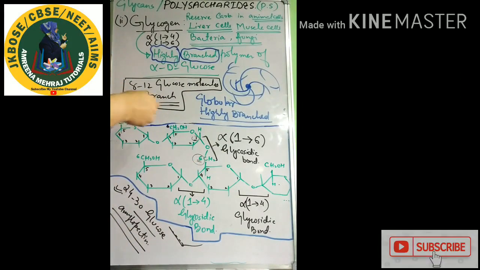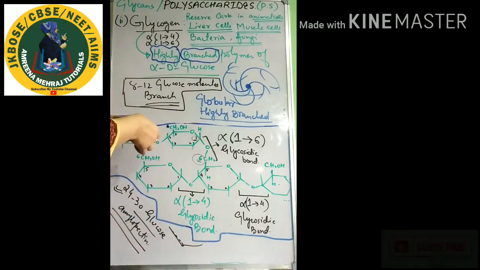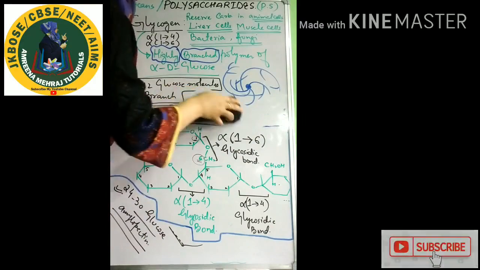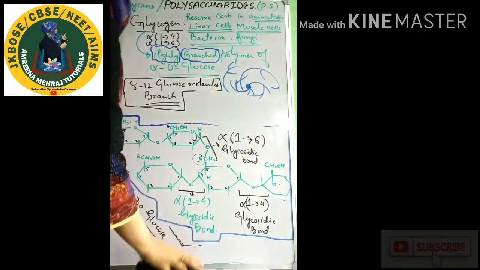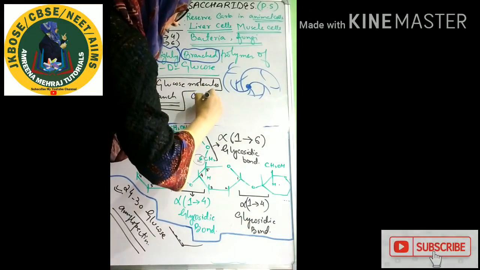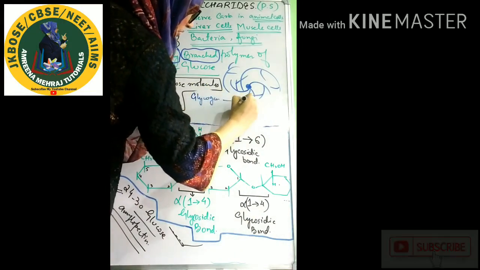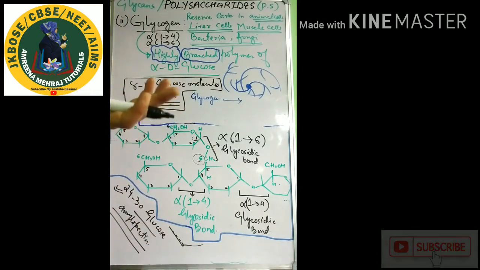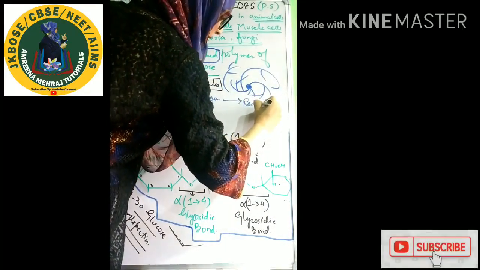There is one more thing which you can remember over here, which is about the reaction of glycogen with iodine. If you take glycogen and allow it to react with iodine solution, the color which you will get will be reddish violet. Okay.